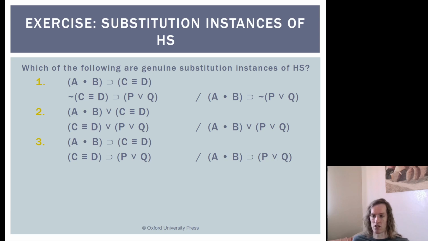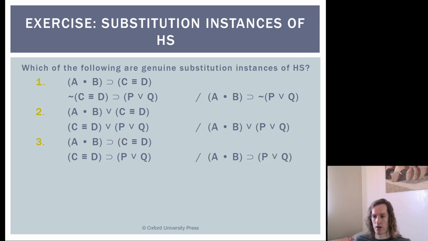It could be that it's just C if and only if D that's true, making both of those disjunctions true. And so it might not be the case that A and B or P or Q is true. So that's not a genuine substitution instance.